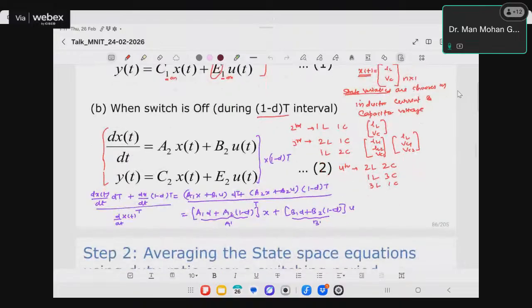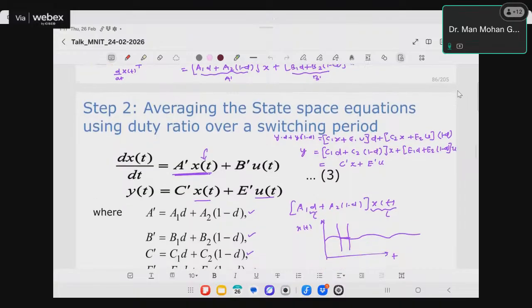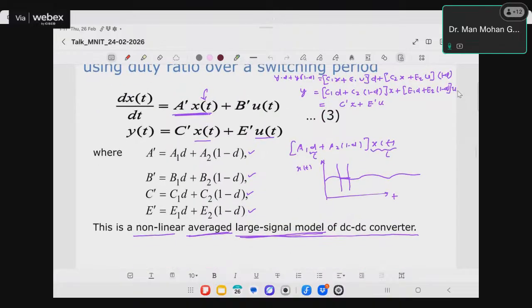So we write the state space model in different states or modes, right? Then the next step is that we do averaging of the state space equations using the duty ratio or the time period as the weights for which it is being operated, and we average over one switching period. After doing so, we get a model which is nonlinear, averaged, and large signal.